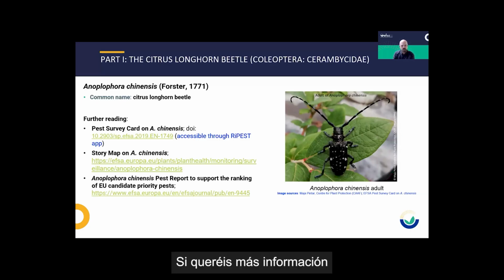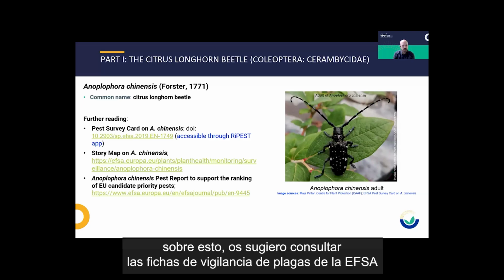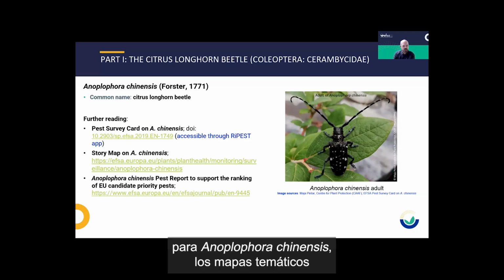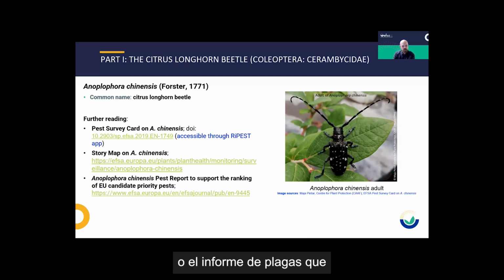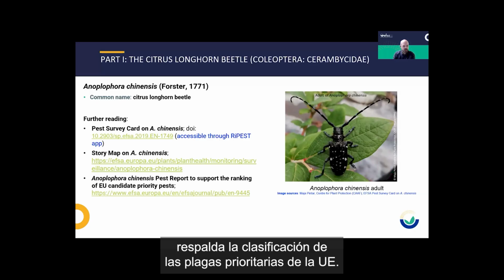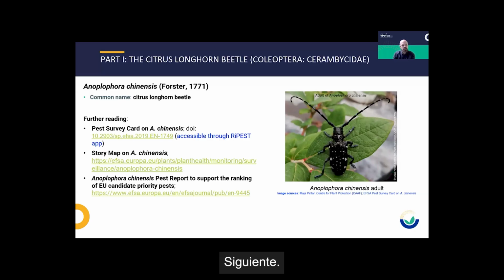If you want more information, I suggest you go to the pest survey card of Anoplophora chinensis or the story maps, and the pest report to support the ranking of the EU candidate priority pest.